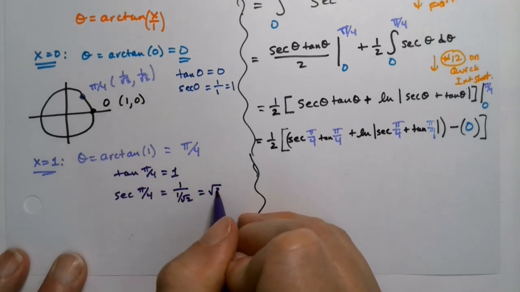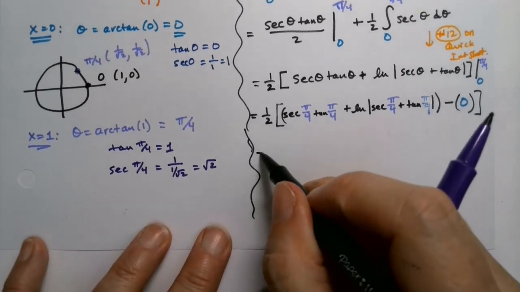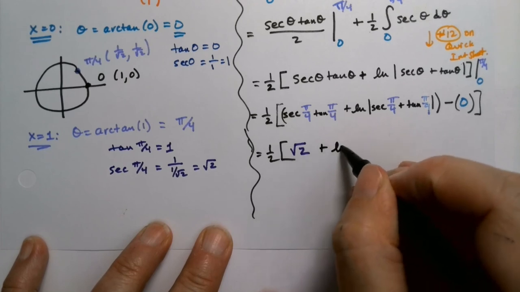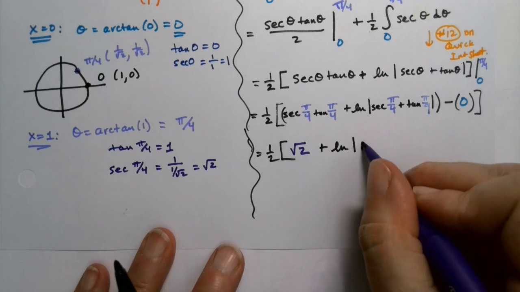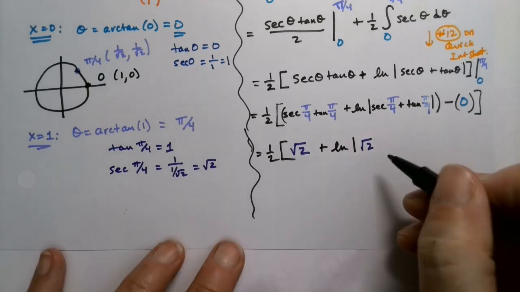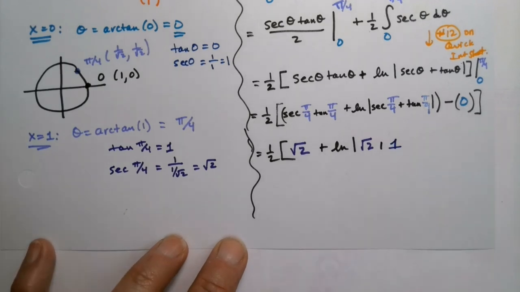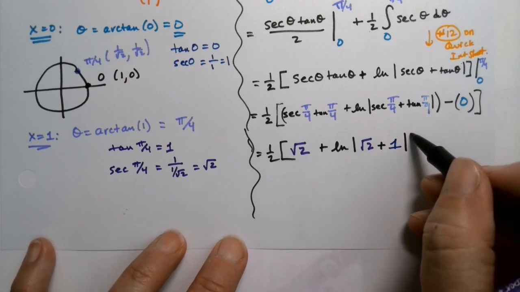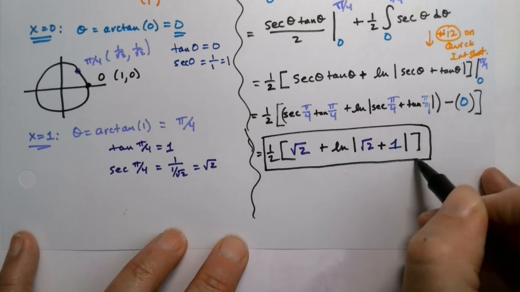So that means that over here we'd have a half, and then it's square root of 2 times 1 plus the natural log of the square root of 2 plus 1. Oh, I forgot my plus. I technically don't need absolute values anymore because that is positive, so we're good. And that is the answer, which is of course terrible.